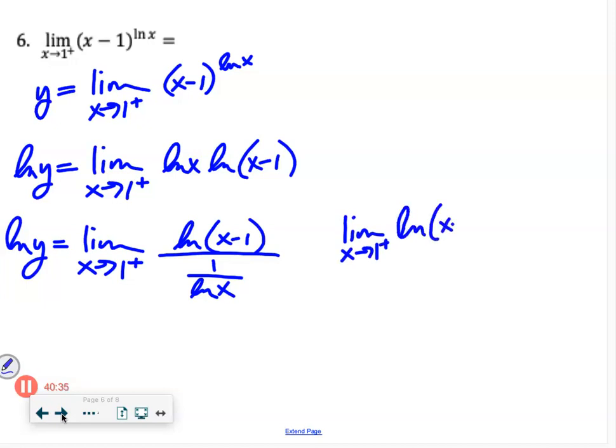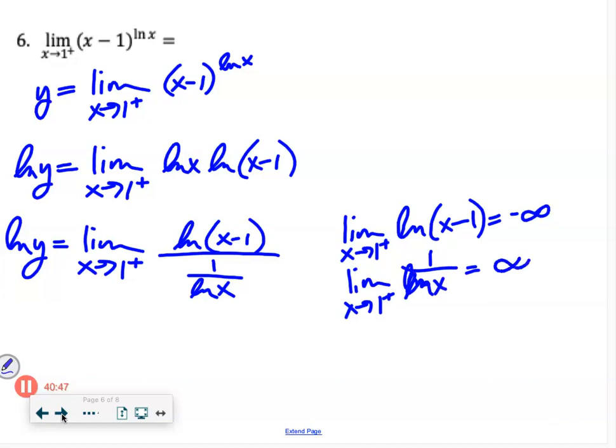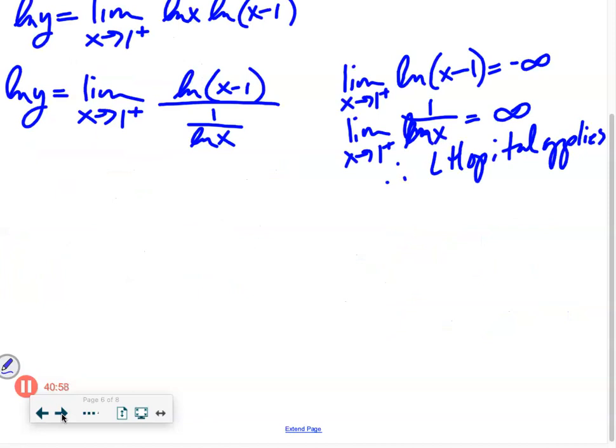The limit of the top goes to negative infinity. The limit of the bottom, of 1 over ln x, goes to positive infinity. Therefore, L'Hopital applies. All right, let's do our L'Hopital.